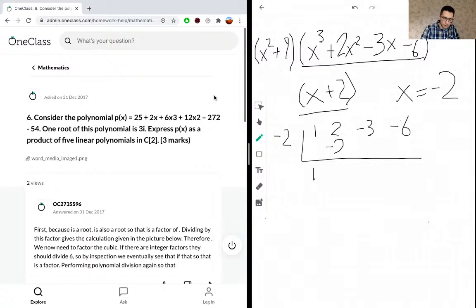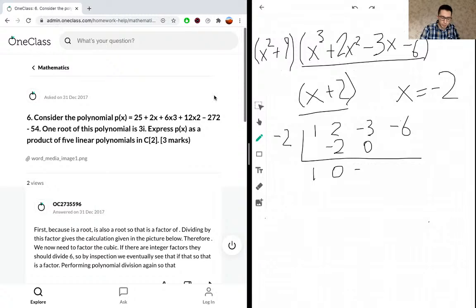Then we add 2 plus negative 2, and that will give us 0. Then we do negative 2 again, times 0, and that will give us 0. Then we add negative 3 plus 0, which gives us negative 3.